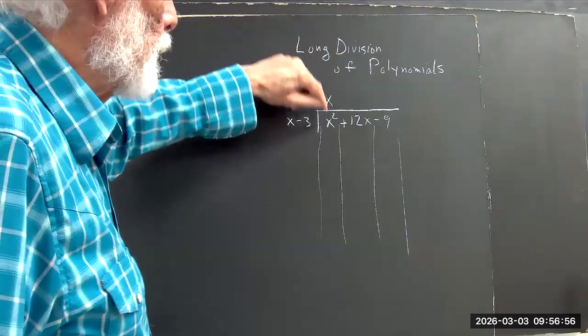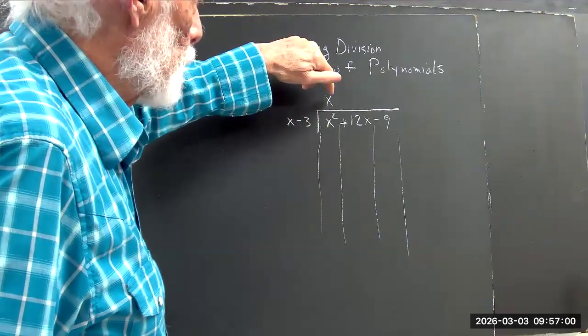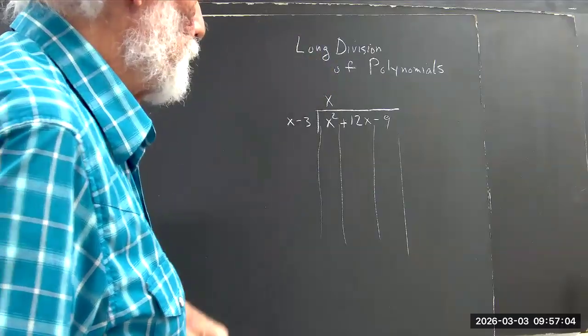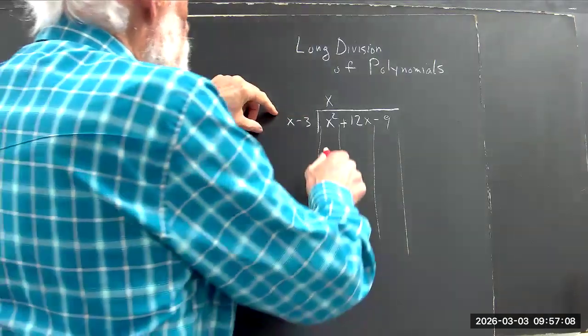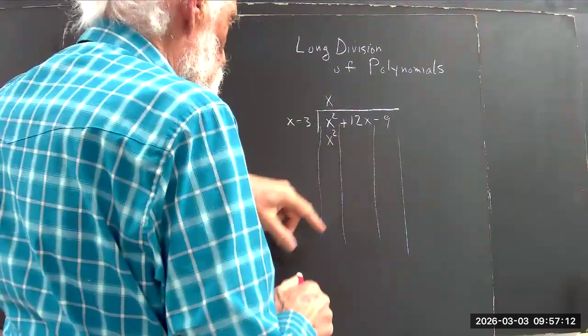Now, we write that x above the x squared. And now we're going to multiply x by x minus 3. So we get x times x, which is x squared. We're going to write that underneath the x squared in that column that we created.